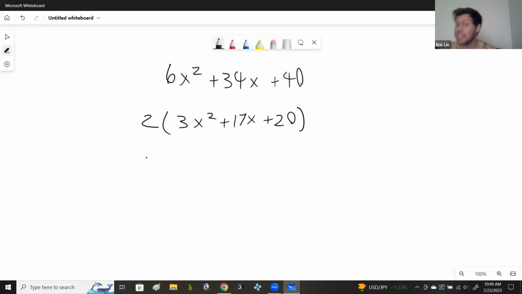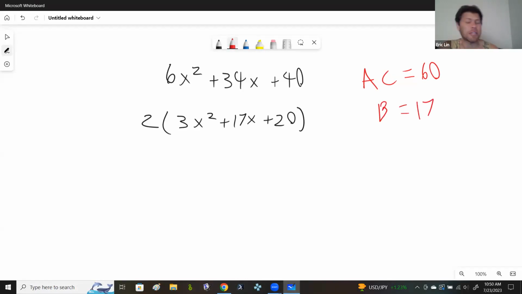Now, unlike the last time, we still have an A term that is not equal to 1, even after doing this common factor thing. So we still have to do our long method of, okay, what's A times C? Looks like A times C is 60, 3 times 20. And our B term is 17.